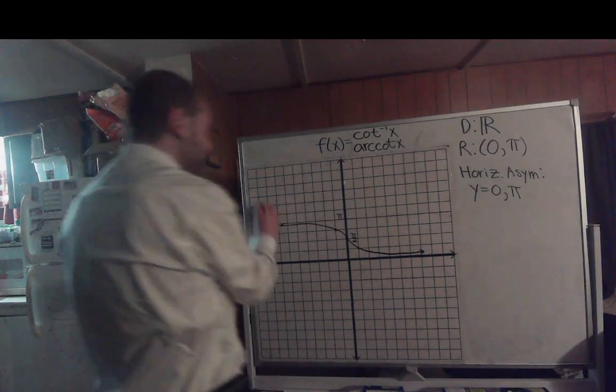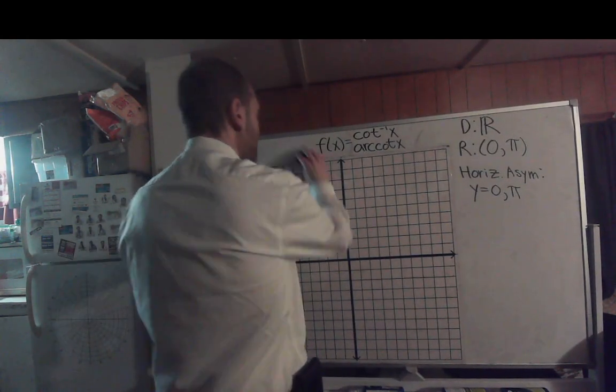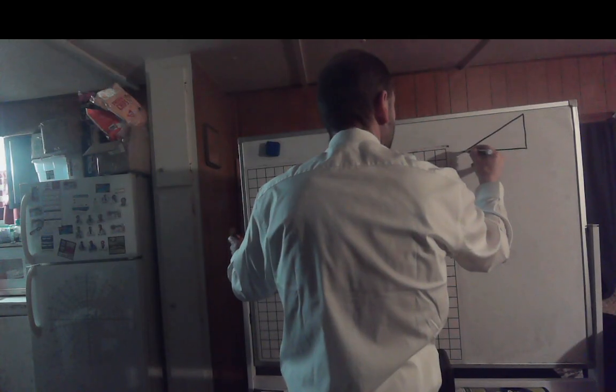All right, so I think we've had enough of graphing for the day. Now, let's just do some basic evaluations of some inverse trig functions. So, let's see here. What I'm going to recommend is we draw some 30, 60, 90 and 45, 45, 90 right triangles.